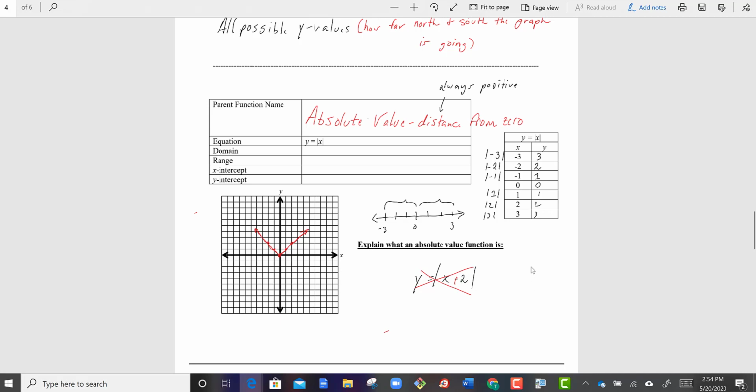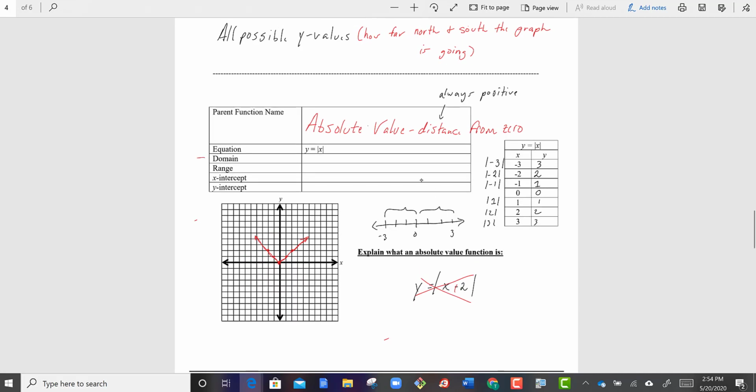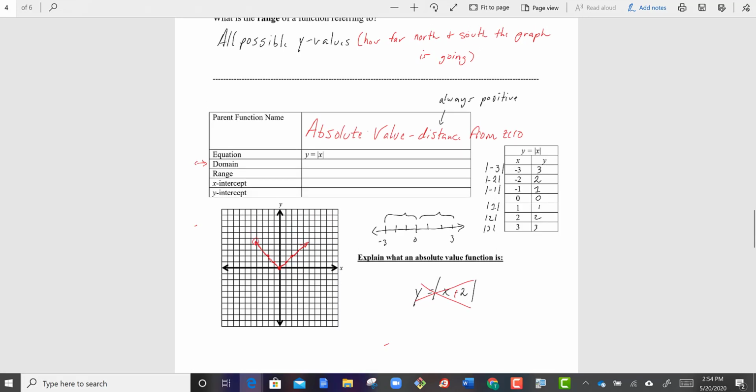Our domain is how far left and right this graph is going, and you'll notice I have a left arrow and a right arrow. If we imagine this graph just kept going, it's going up, but it's also going to the left forever. And this arrow over here is also going up, but it's going to the right forever.